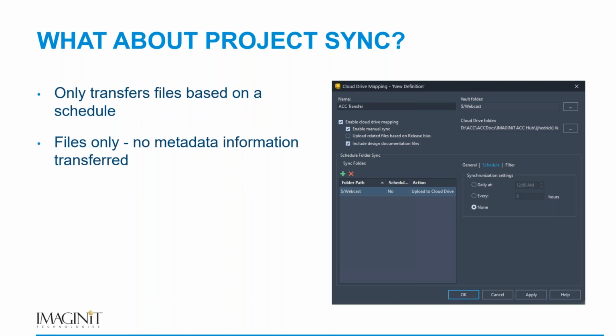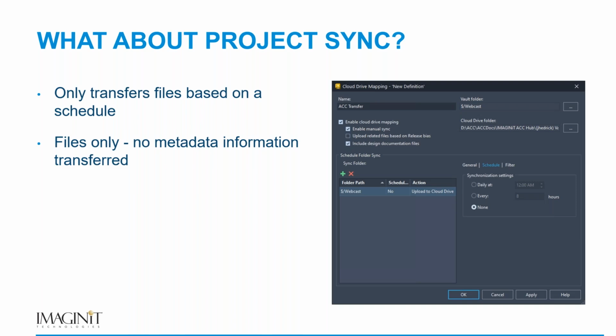is file transfers only really happen based on a schedule. Meaning we can say, hey, every day at X o'clock, we want you to synchronize. Or we can say, hey, I want you to synchronize yourself every X number of hours.